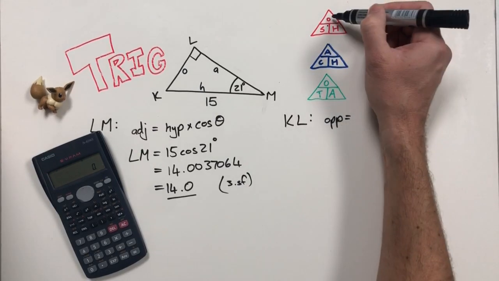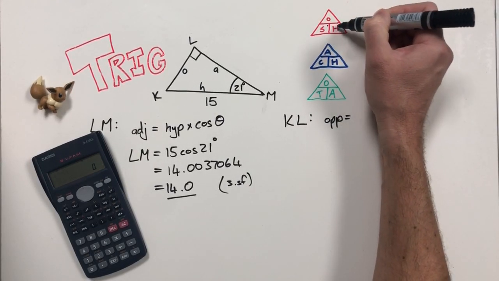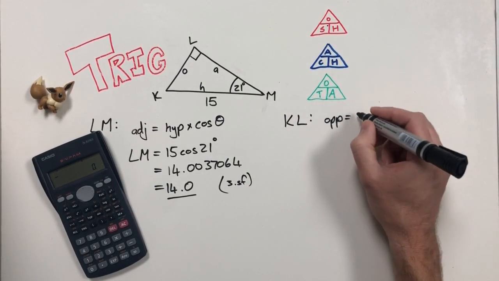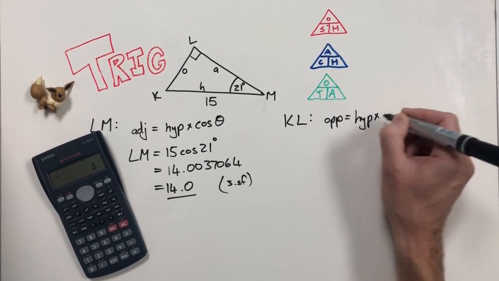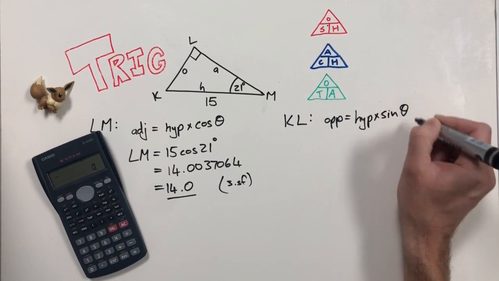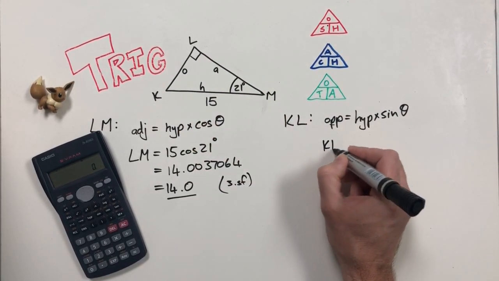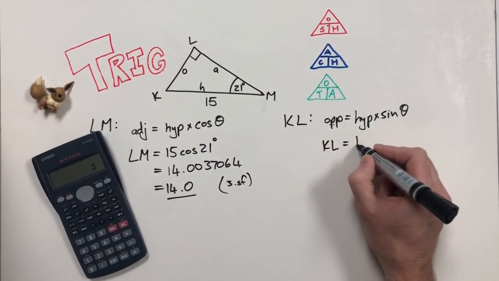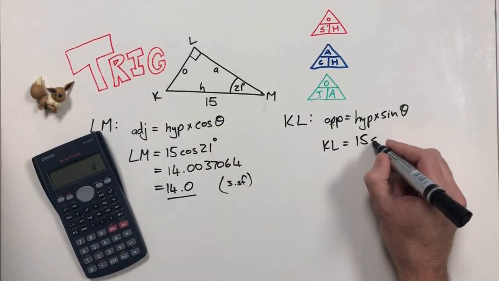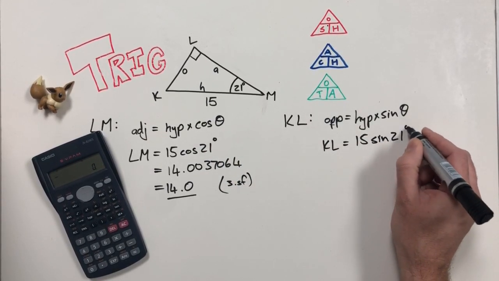And if I want opposite, it would be the sine times the hypotenuse, or the hypotenuse times the sine. So I'll just write this times the sine of the angle. The opposite is KL. Hypotenuse is 15, and then the sine of 21 degrees.